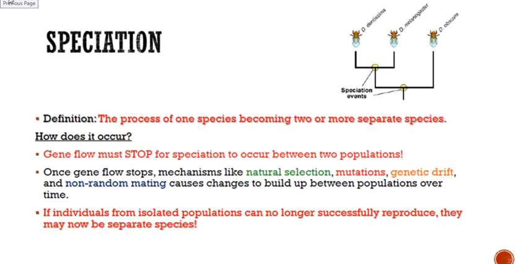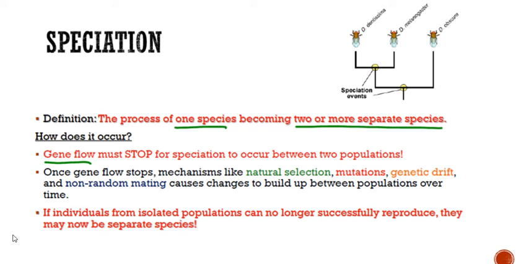So speciation. The key thing is one species becomes other species. So to create a new species, it has to become from a previous one. They don't just appear out of nowhere. You must stop the gene flow. So you must stop the interbreeding between two populations.